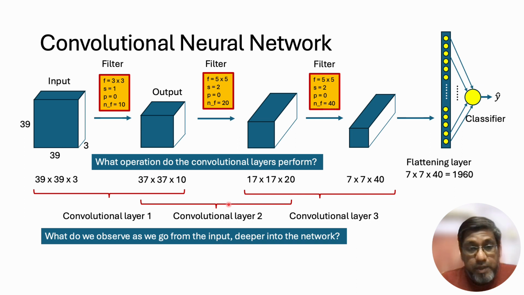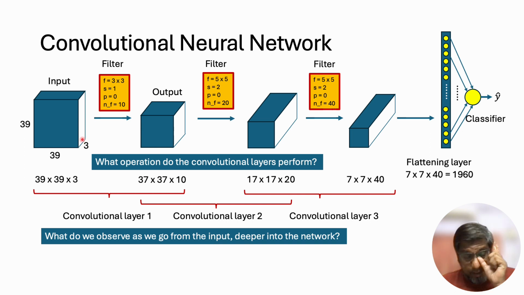But what is the observation that we notice here as the input image moves deeper into the convolutional neural network? If you look at the input image here, it has a dimension of 39 by 39. That is, the width of the image is 39 pixels and the height of the image is 39 pixels, and it has a depth of 3 channels. So again, when we talk about depth, we talk about the number of channels. For a color image, the number of channels is 3: the red channel, the green channel, and the blue channel, the RGB channels, right?